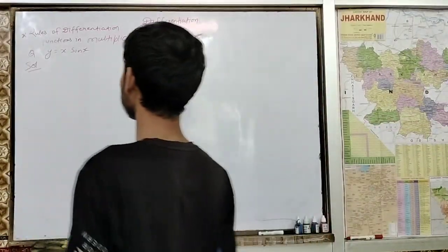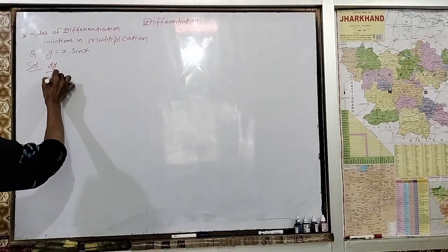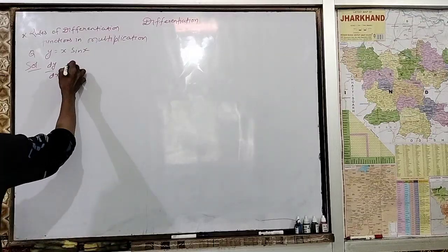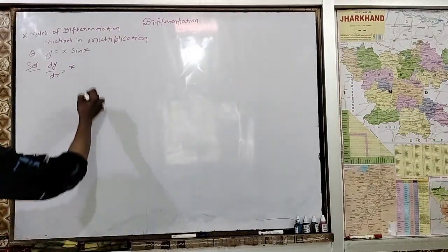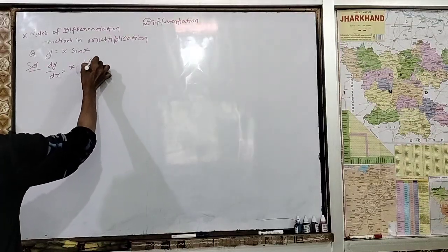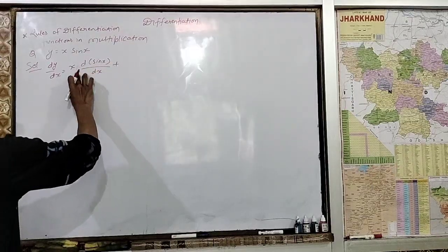Here dy upon dx, this x as it is, but it will be differentiated. So x into differentiation of sin x upon dx, plus.